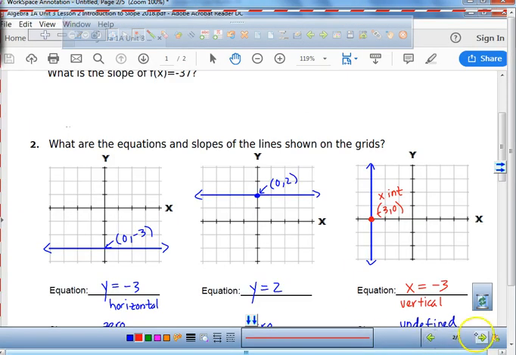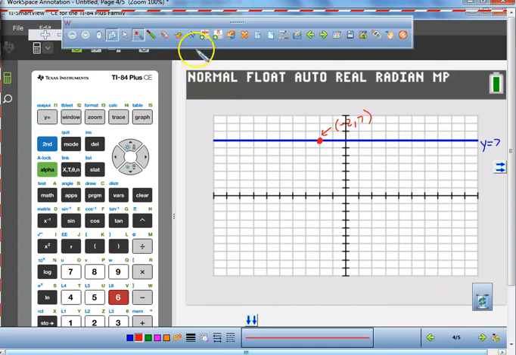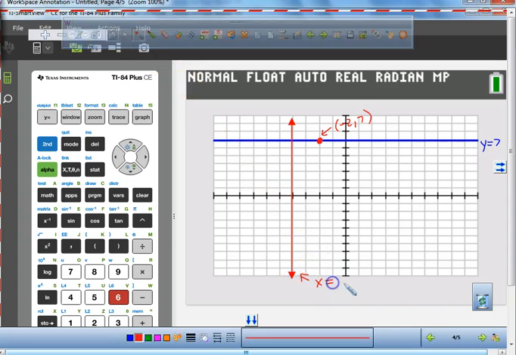Now if I go back, what would that line look like? So I would go over here where x is at -1, -2, -3, -4, and I would draw a vertical line. And that vertical line right there, everybody, is a vertical line where x is always equal to -4.